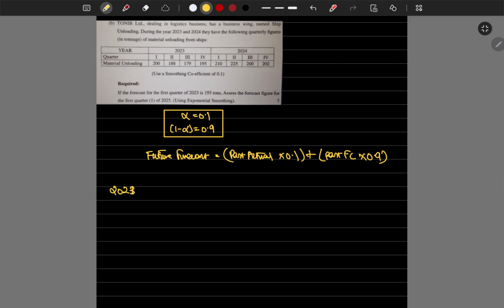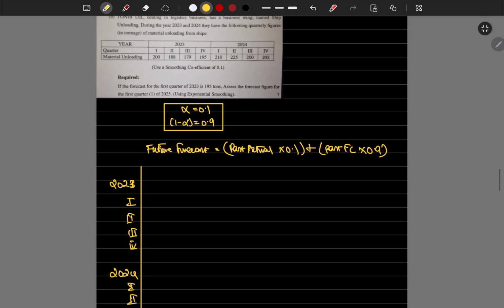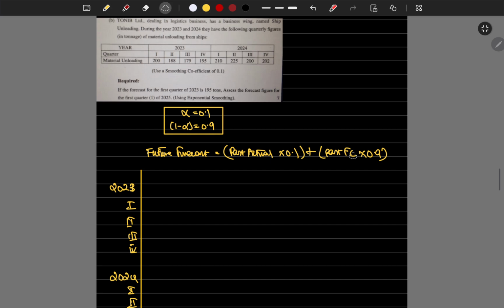Okay, now 2023 first, second, third, fourth. 2024 first, second, third, fourth. Okay, the formula is this.